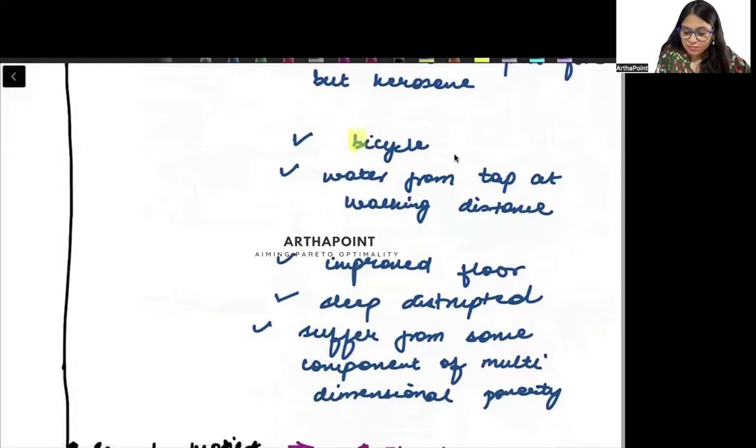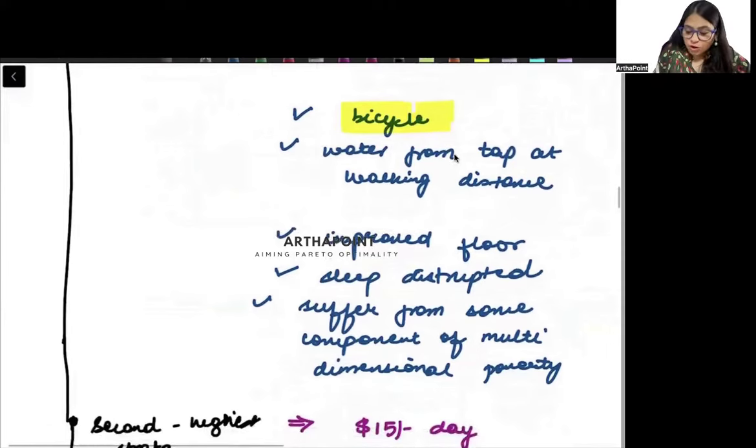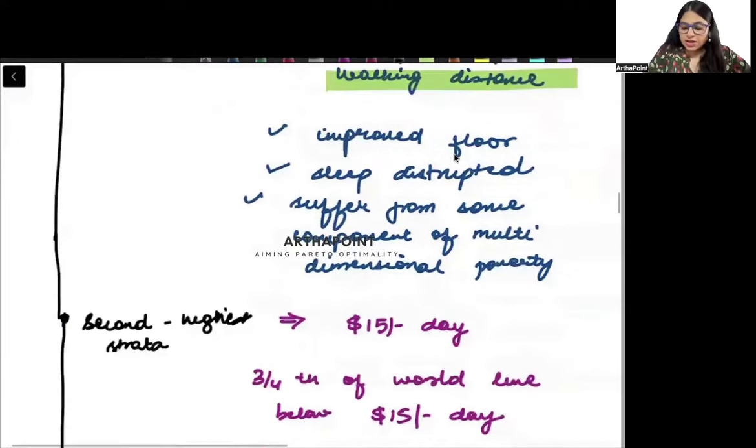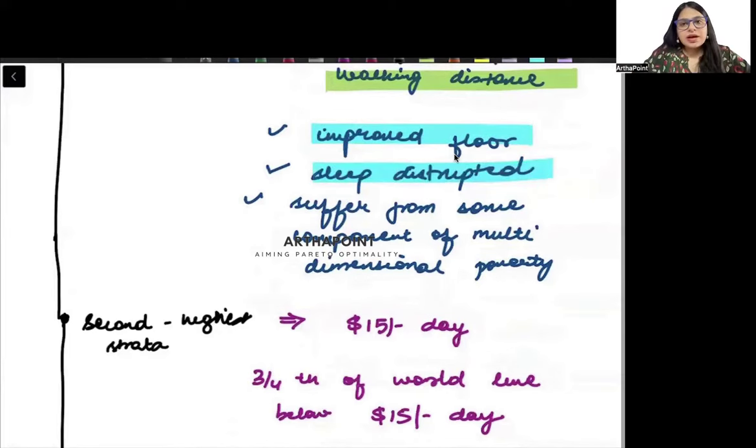They have a bicycle as mode of transport. They will get water from a tap at walking distance. They do not need to walk very far; they get water within a short distance. They will see improved flow, but their sleep will be disrupted.